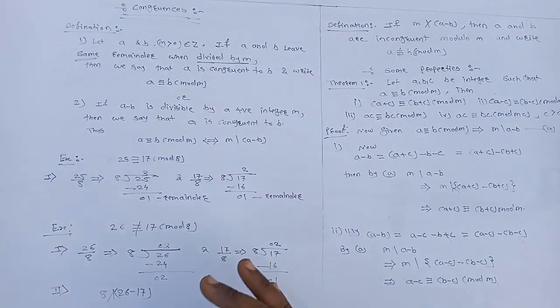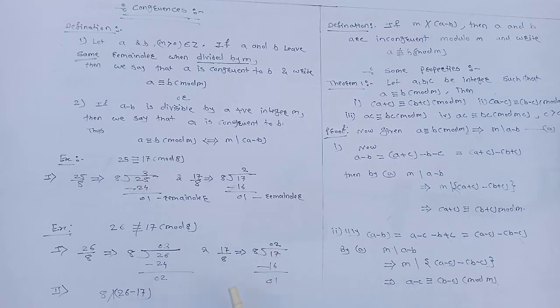Now the next example, 26 is incongruent to 17 mod 8. That means 26 and 17 are not congruent under modulo 8. That means if 8 divides 26, then the remainder is 2, and if 8 divides 17, then the remainder is 1. So in these two cases, remainder first is 2 and remainder second is 1. So these remainders are not the same.